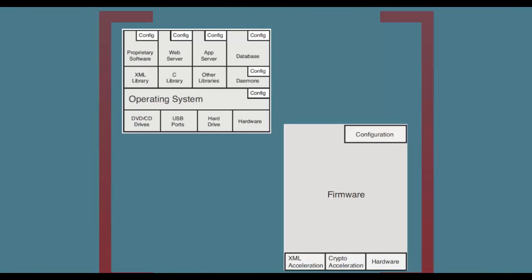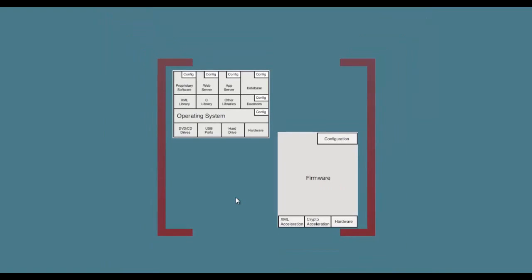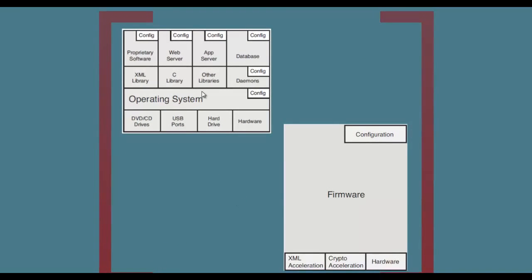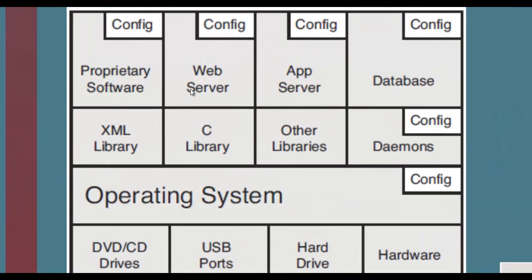Now let's have a look at why we call Datapower an appliance, and what's the difference between the traditional environment and the Datapower environment. You're looking at a traditional ESB product that exists in the market, and this is how its components are configured. The traditional appliance has a hardware layer which consists of hardware components: a CD drive, USB ports, hard drives.